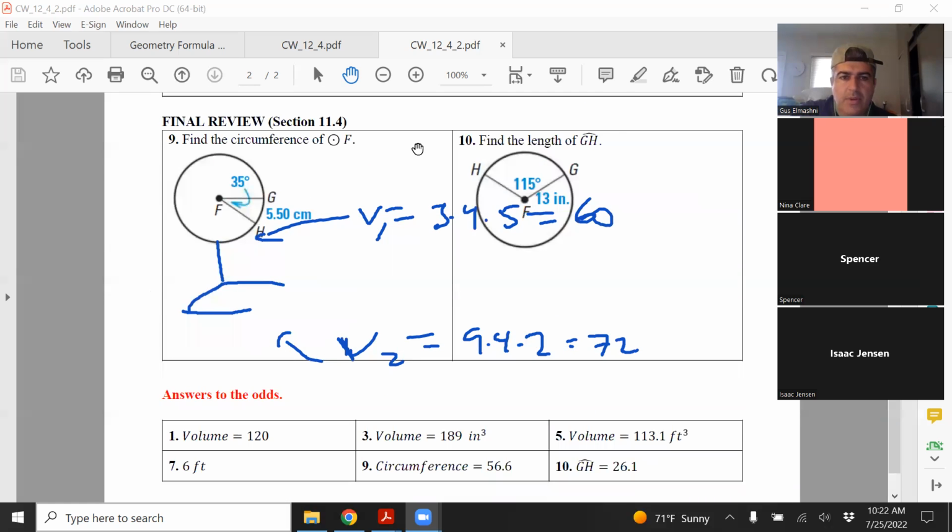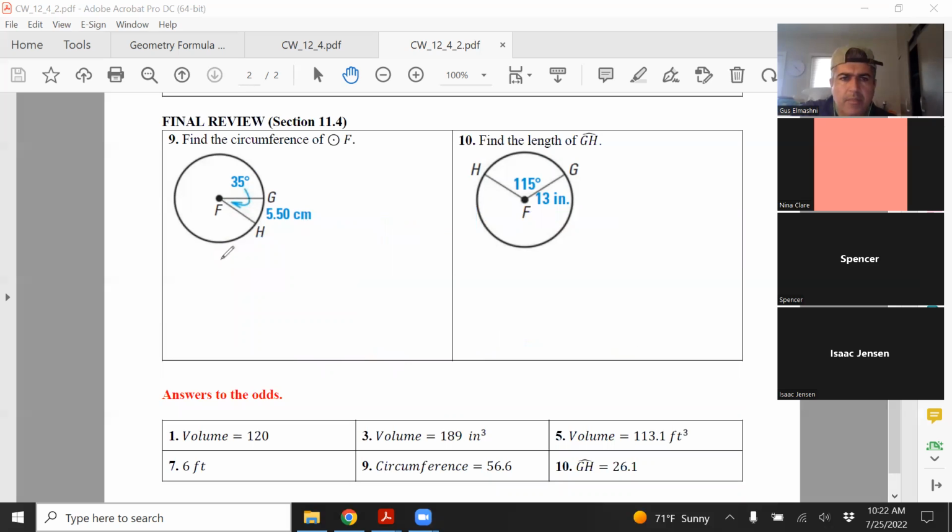And then finally for these here, let's just review. Circumference is 2 pi r. But you have to figure out the radius. That's not quite clear what that is. You already got the arc length, so actually backtrack a little bit. The arc length over the circumference will equal 35 degrees over 360.